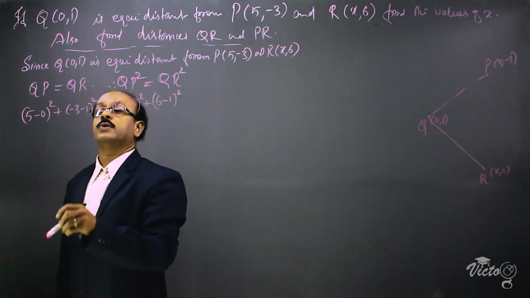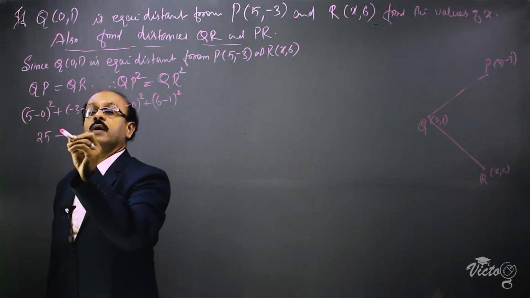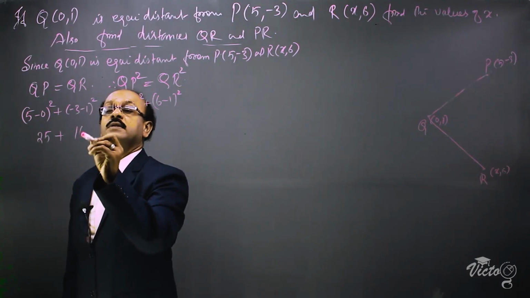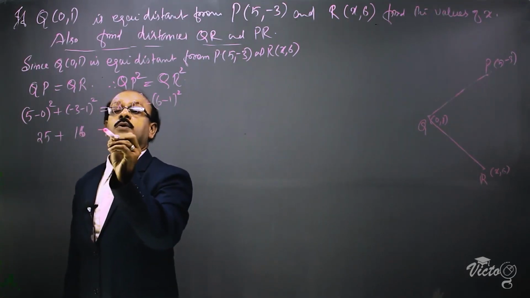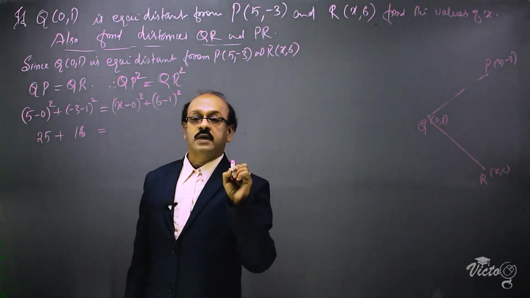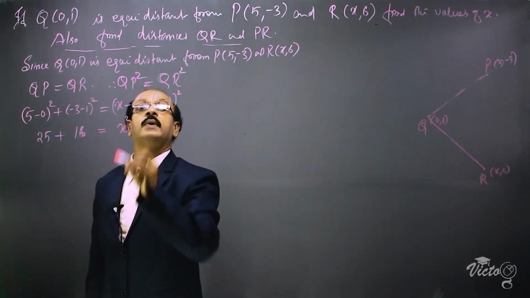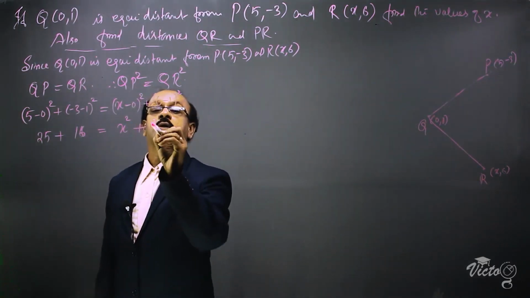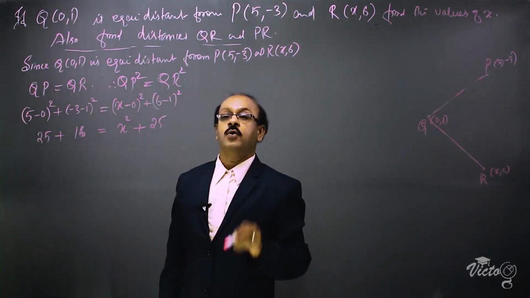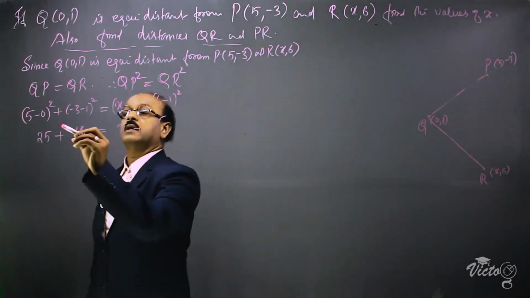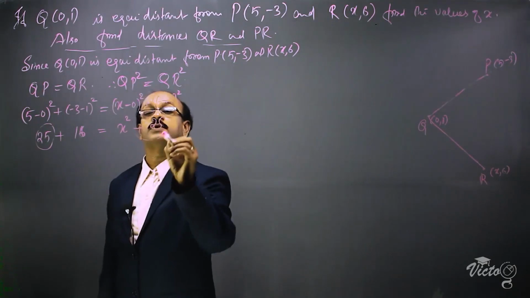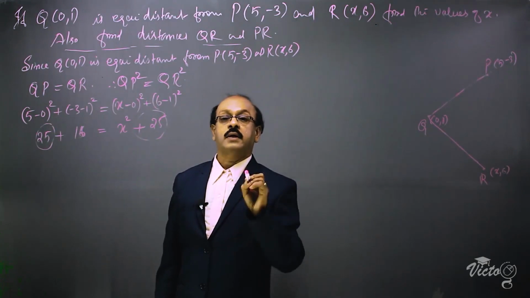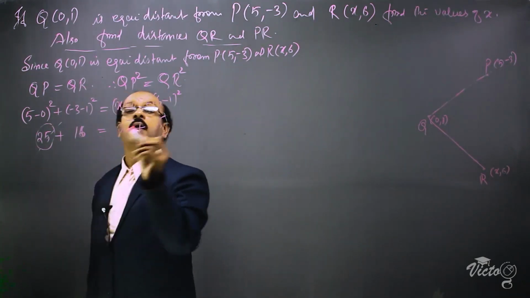5 minus 0 squared is 25, plus (-3 minus 1) which is -4, squared is 16. x minus 0 is x, and its square is x squared. 6 minus 1 is 5, and 5 squared is 25. Here we have 25 and here also plus 25, the same quantity on either side, so we can cancel them.